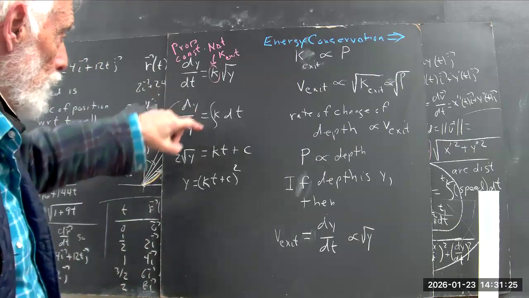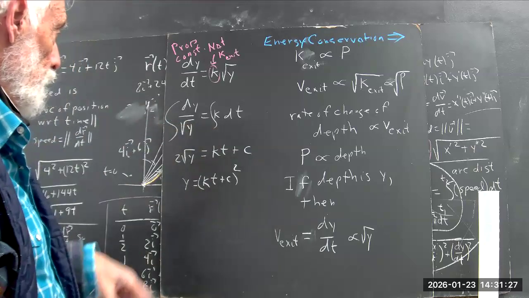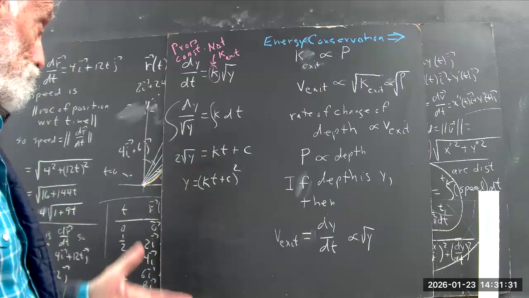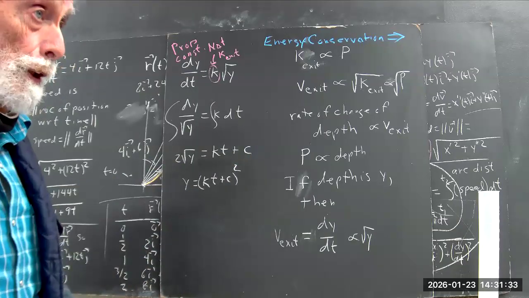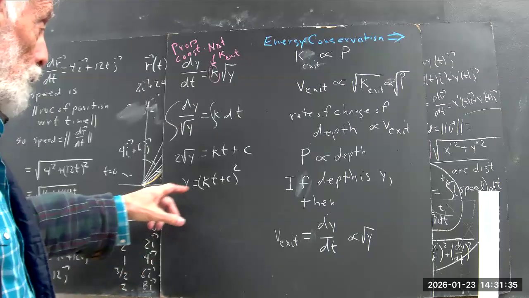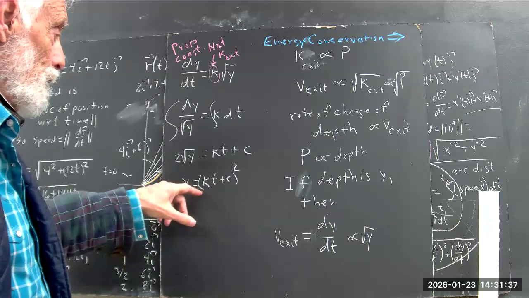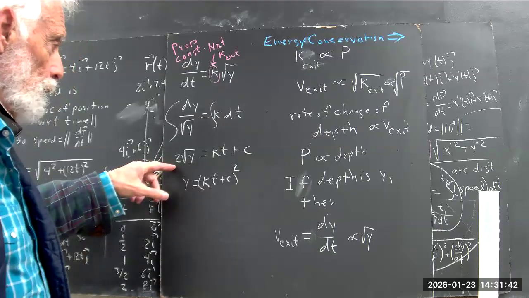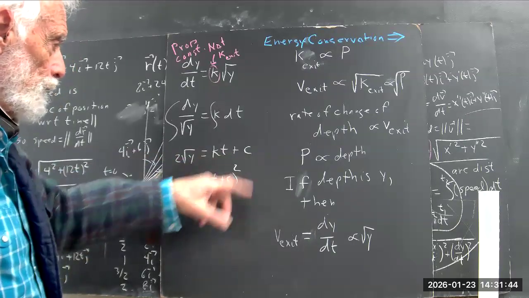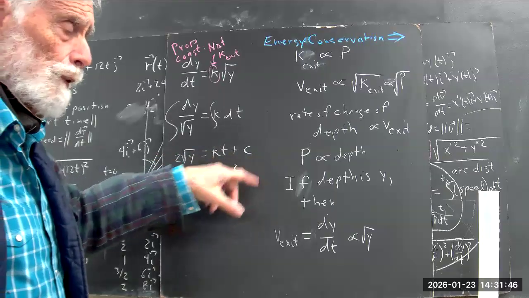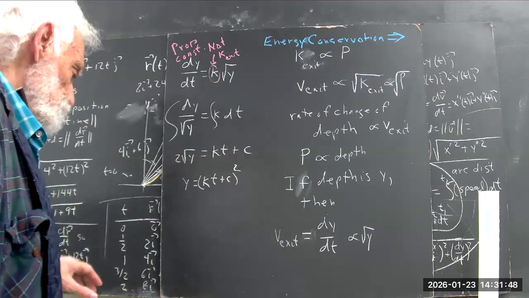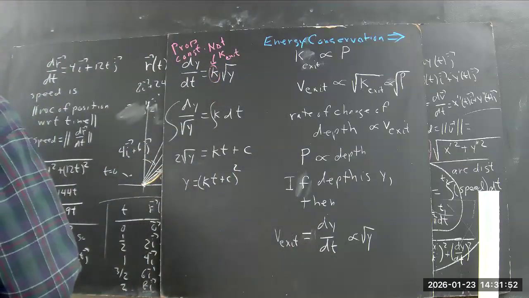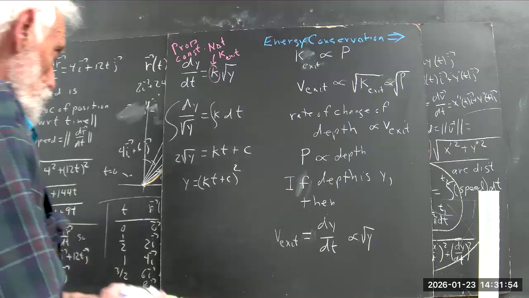Anyhow, we have this integral. It's a simple integral. You get 2 square root of y equals kt plus c, c being an arbitrary integration constant. Well, it means y is the square of kt plus c, where I've ignored the 2, letting the k and the c, which are unspecified constants, absorb the 2.